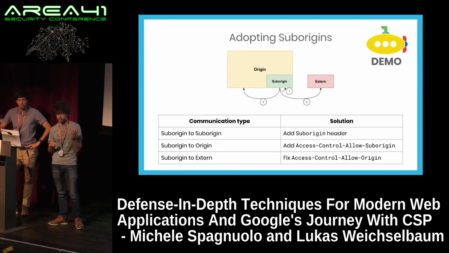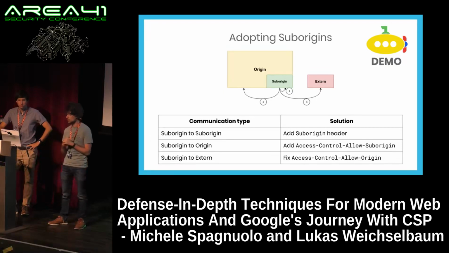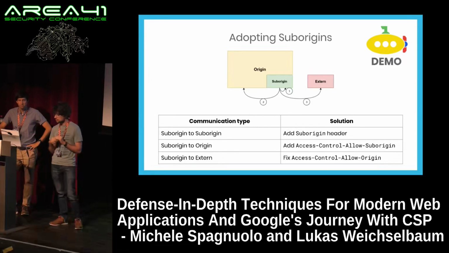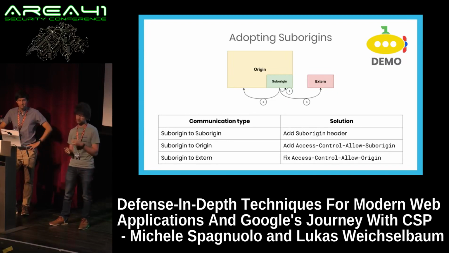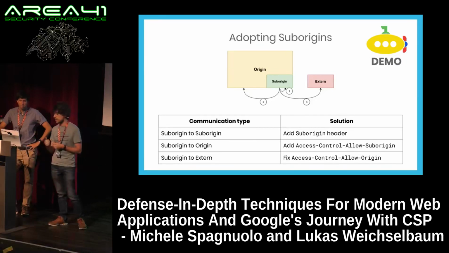Suborigin to the parent origin requires the addition of Access-Control-Allow-Suborigin, which is very similar to Access-Control-Allow-Origin of course, cross-origin resource sharing, but it is tailored for suborigins. And finally, suborigin to an external origin requires, as currently, the use of the Access-Control-Allow-Origin header.